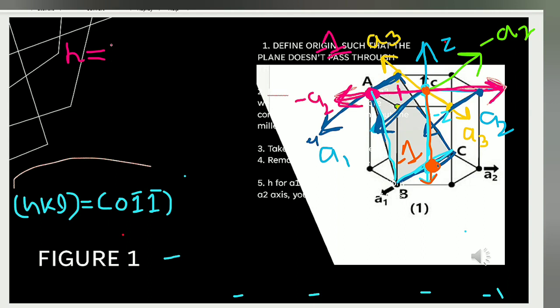So in the case of a plane, H equals H prime, K equals K prime, and L equals L prime. I prime I will mention at the end.